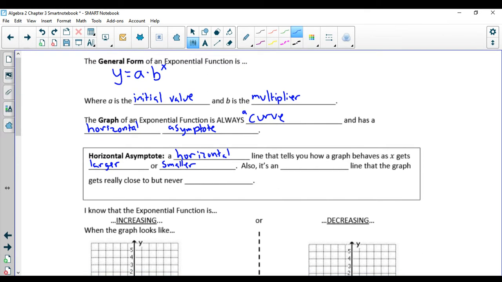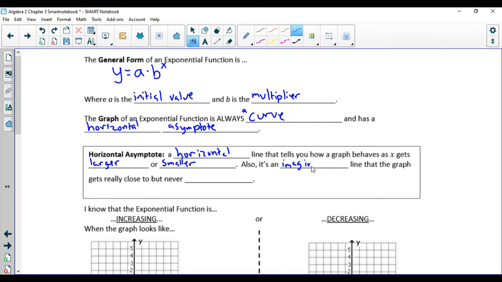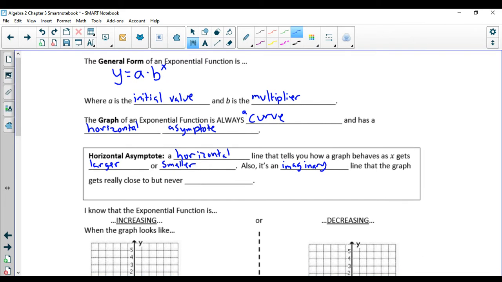So to me, that's a very mathematical word definition and doesn't make a whole lot of sense. So I like this second part. It's an imaginary line that the graph gets really close to but never touches.